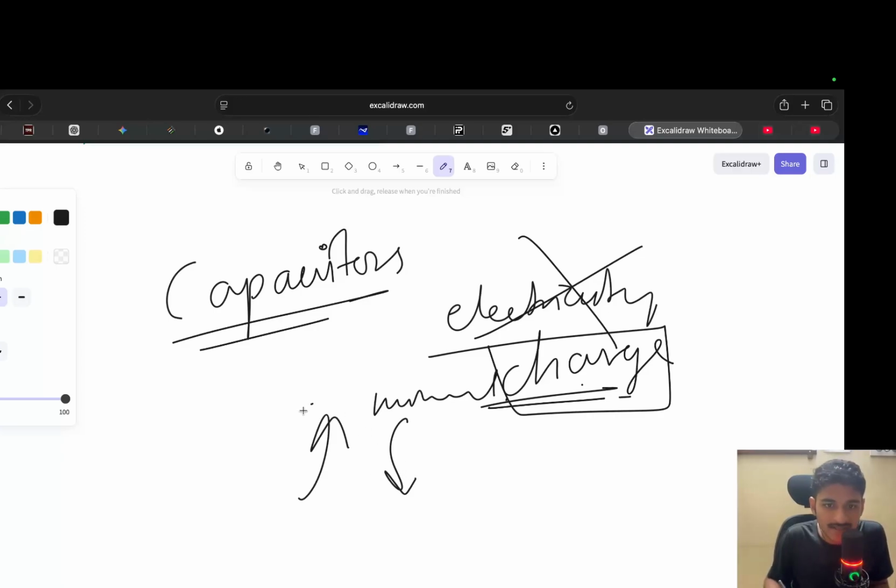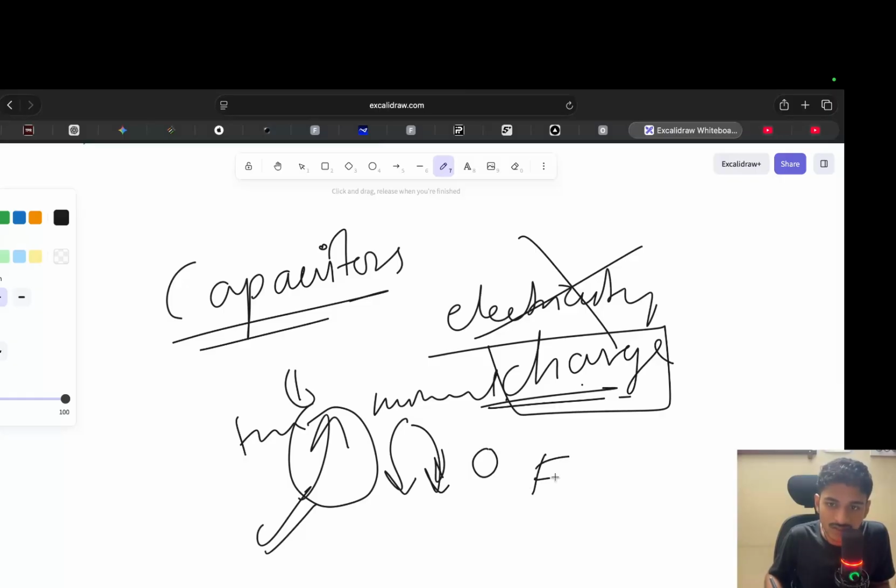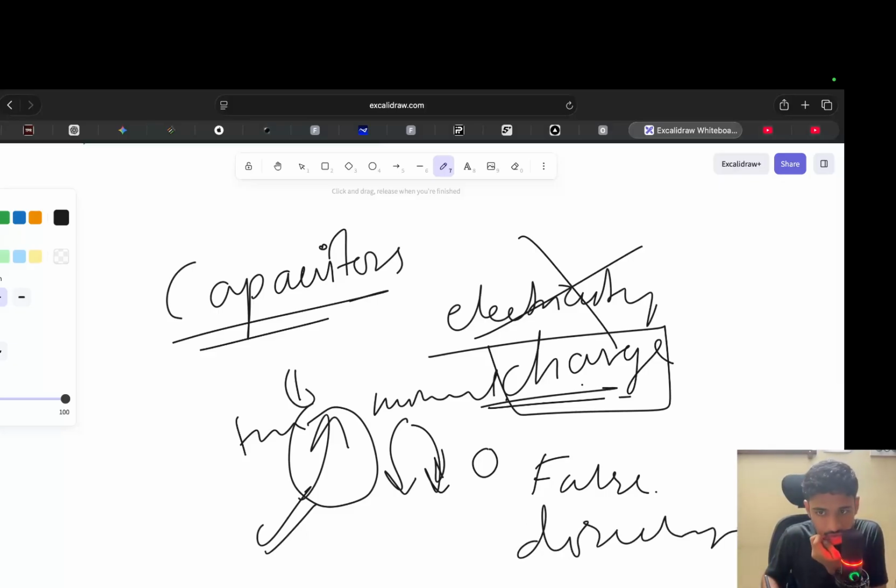So when a capacitor is charged, it is 1, it is true, or the bulb is glowing. When a capacitor is discharged, or the charge is left out of it, it is 0, it is false. So how does it interact? How do we transfer it to the computer?